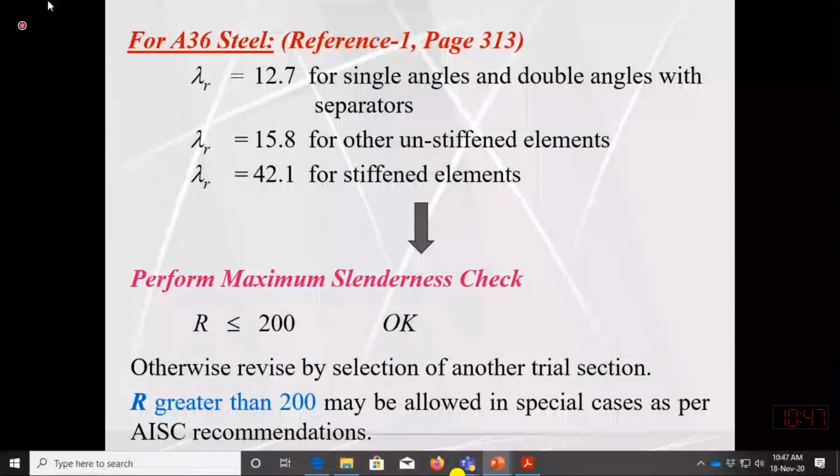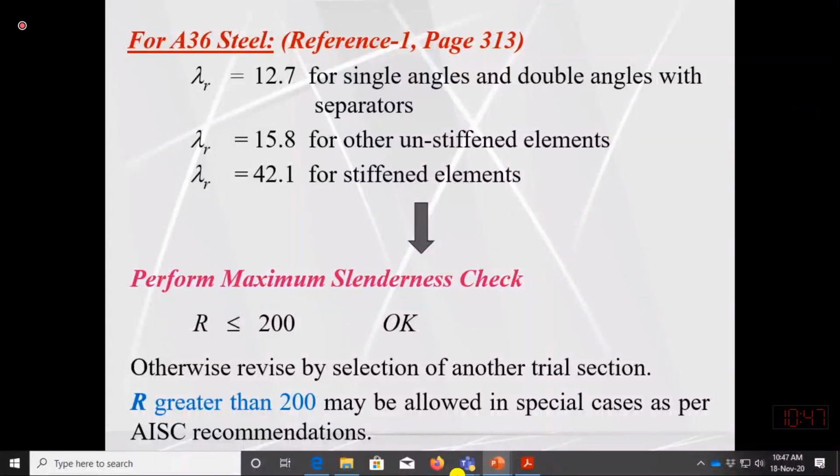In that case, lambda R value is 12.7 for A36 steel. A36 means that yield strength of steel is 250 megapascal. So we compute the B over T ratio for angle. What is the B over T ratio for angle?